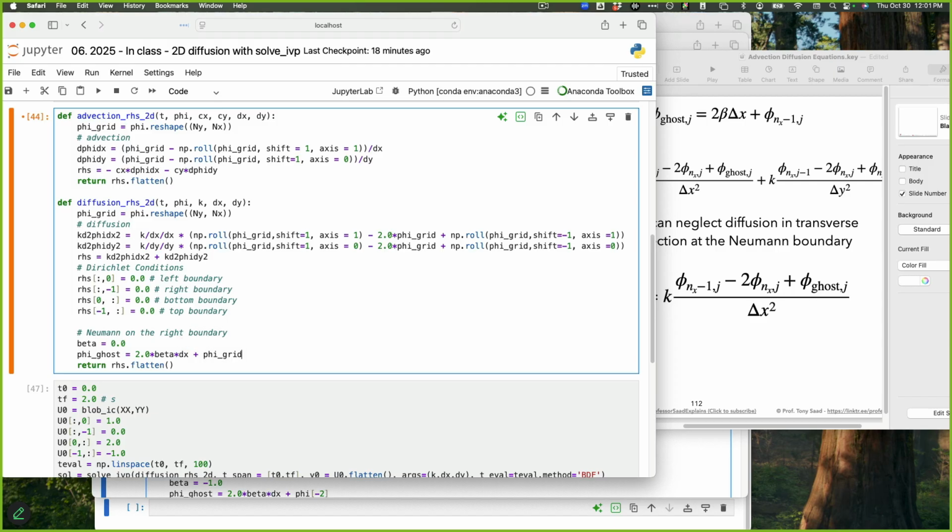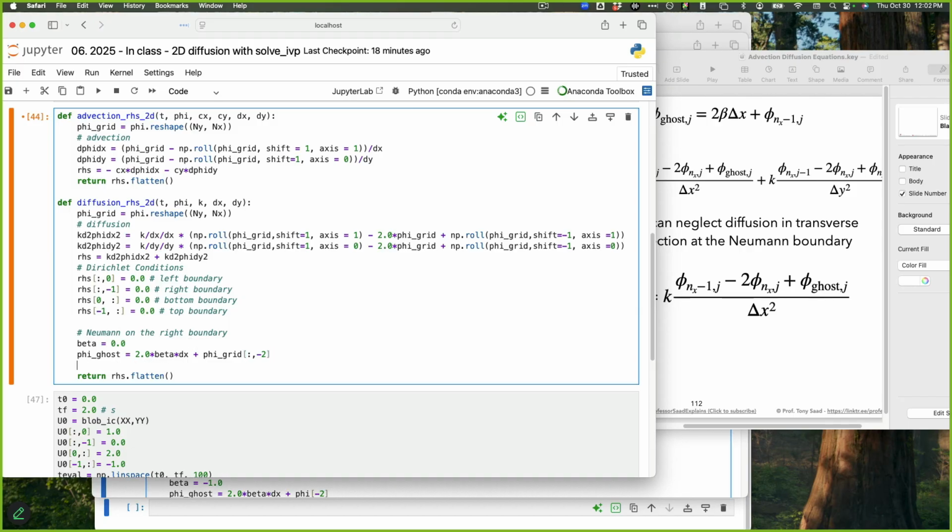I want all the y points, so a colon on the first index, but the first interior value, not the boundary value. So at nx minus 2, indexed at minus 2 in the x direction. So you're getting that interior value. So phi ghost minus phi interior over 2 delta x. That gives you phi ghost.